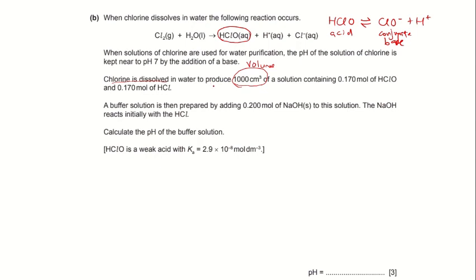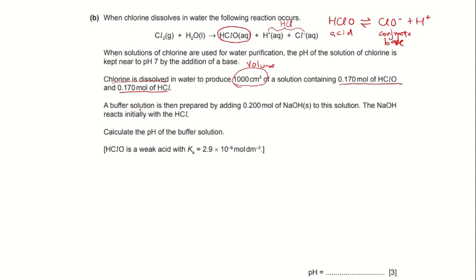Chlorine is dissolved in water to produce a solution containing 0.107 mole of this HClO acid, and also we have 0.170 mole of HCl formed. This H plus with the Cl minus will form HCl.